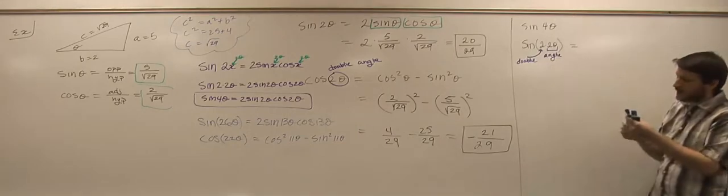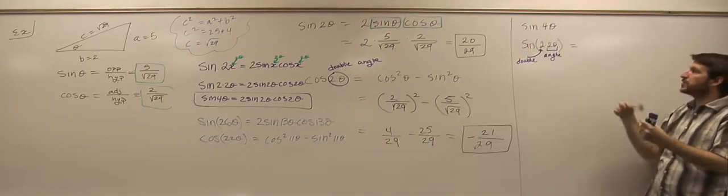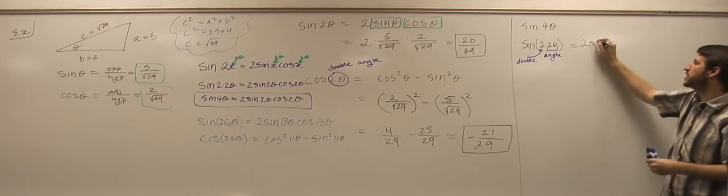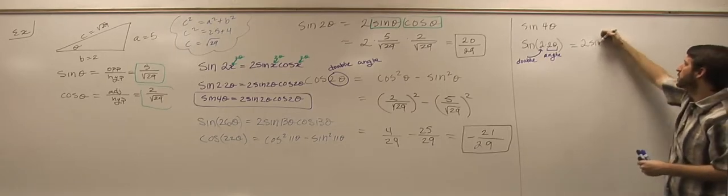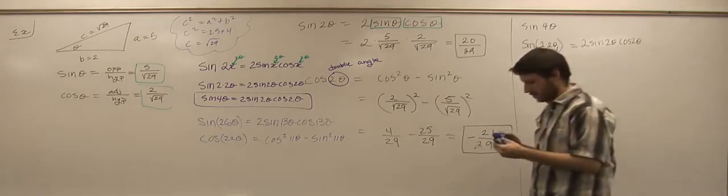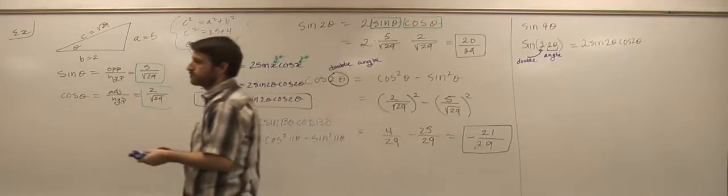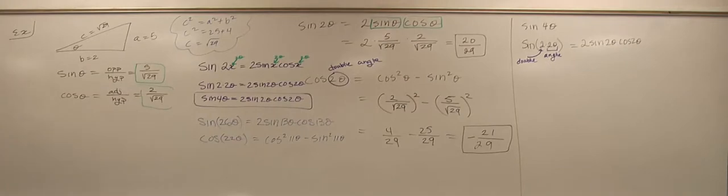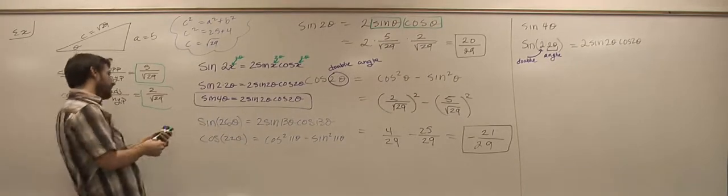So sine 4 theta is double 2 theta, so it's just 2 sine 2 theta cos 2 theta. Yes, miss? Would it ever work with the odd number? Yeah, you can do an odd number, but it's going to be a little messier.